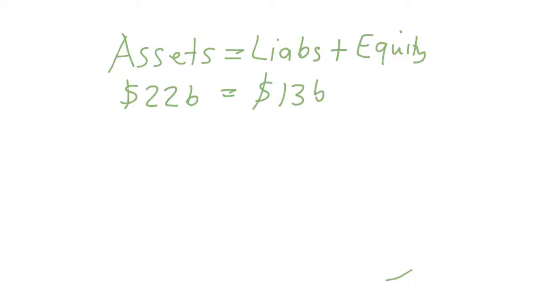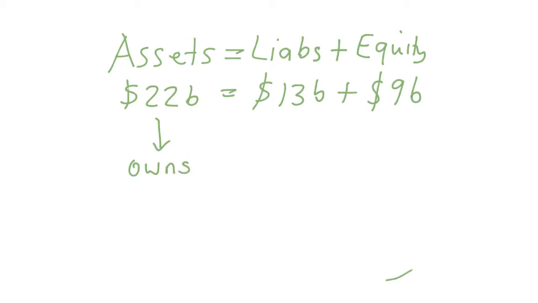Well, outsiders, such as banks, provided $13 billion worth of that financing. The rest has come in from the owners, $9 billion in financing. So that's what the balance sheet looks like for a business such as Woolworths.